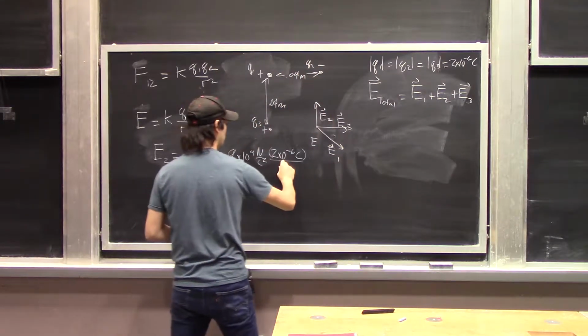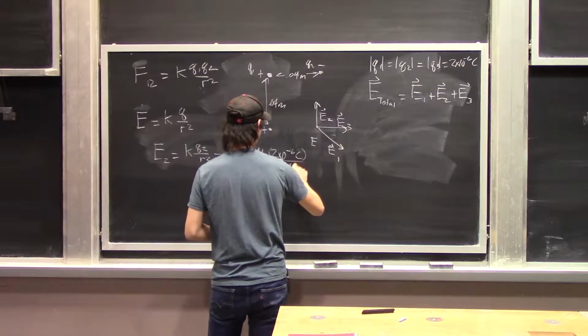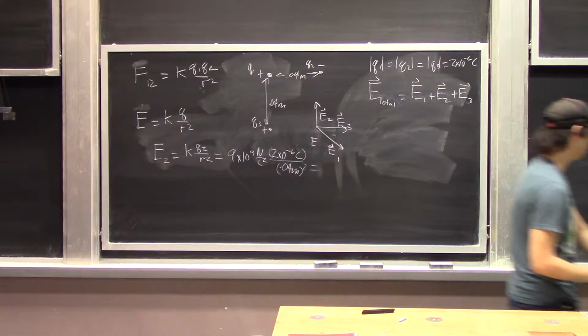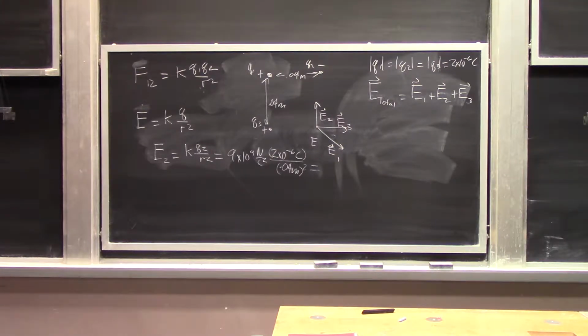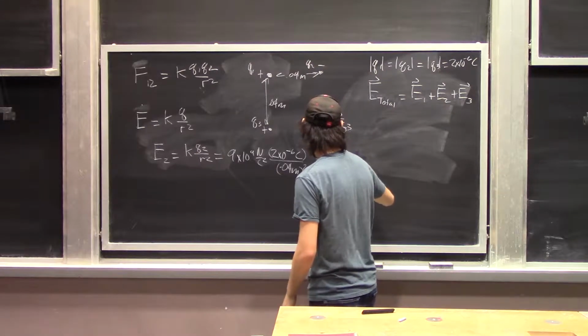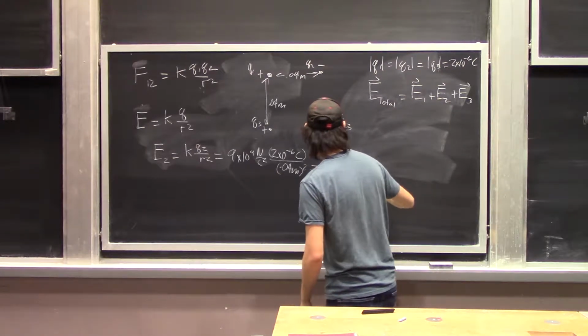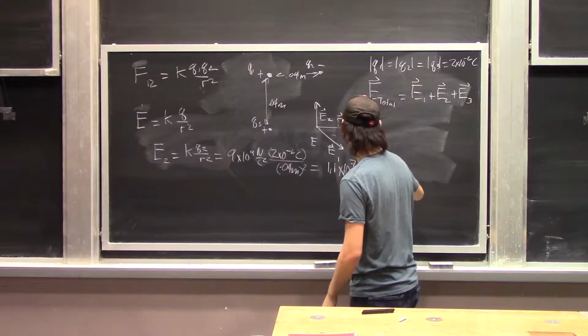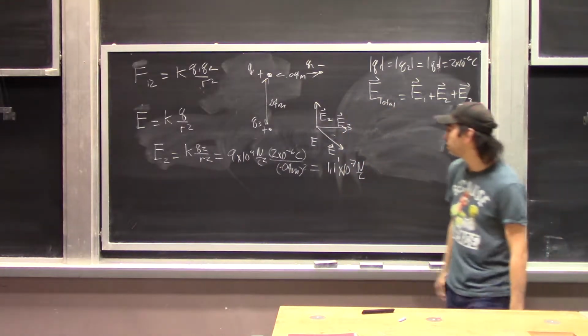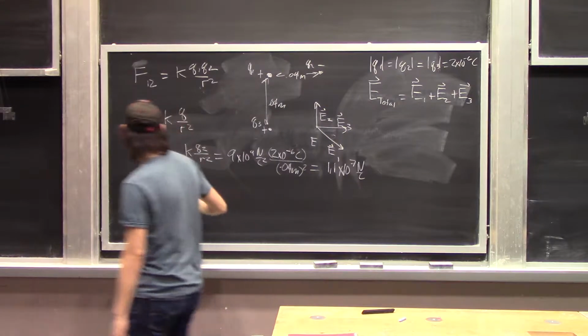So this is going to be this 0.4 meters squared. And when you do this calculation, you end up finding that this one was 1.1 times 10 to the 7 newtons per Coulomb.